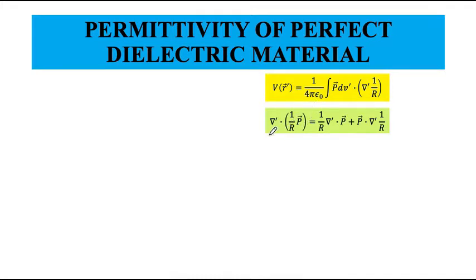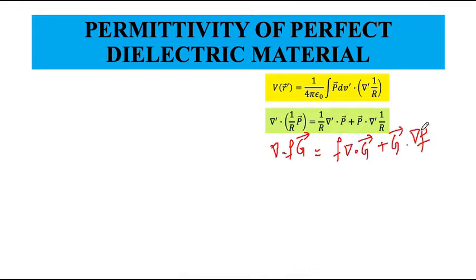So if this is my scalar f and this represents a vector field g, the divergence of that can be obtained as f del dot g plus g vector dot del f.